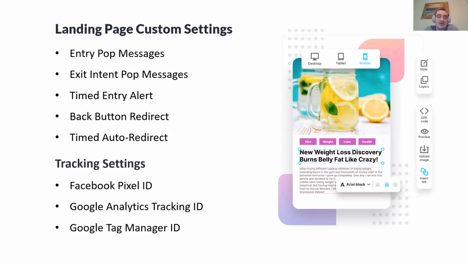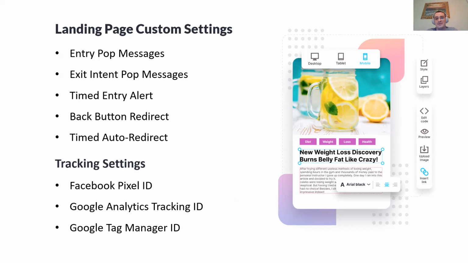Also, something else included in the features of Lender Lab is that on your landing pages, especially if you're running pop and redirect traffic, or aggressive landing pages, you can enable entry pop message, exit intent pop message, timed entry alert, back button redirect, timed auto redirect.